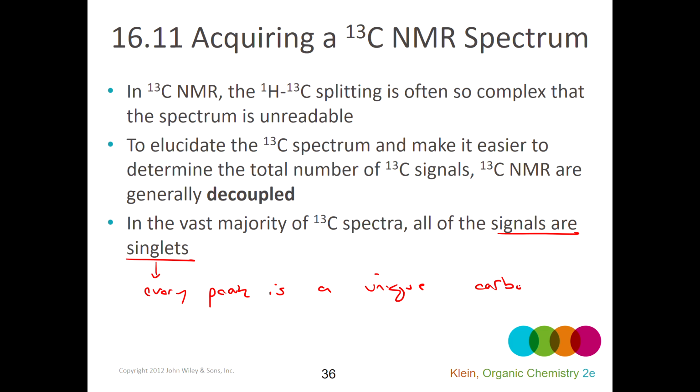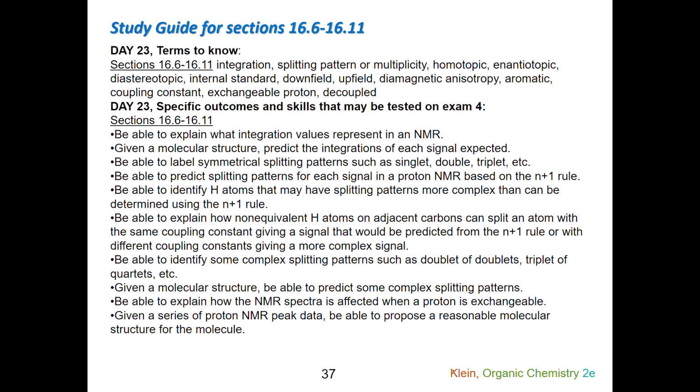So if you look at your carbon NMR from the Lab 7 data that your group may have, if you see 4 signals in there, there's 4 different types of carbons. There may be more than 4 carbons if some of them have equivalent environments due to symmetry, but you can very easily start to rule out structures that don't match your carbon NMR if the structure would give more or fewer signals than what you're seeing in your particular NMR. We'll definitely talk more about that next time.